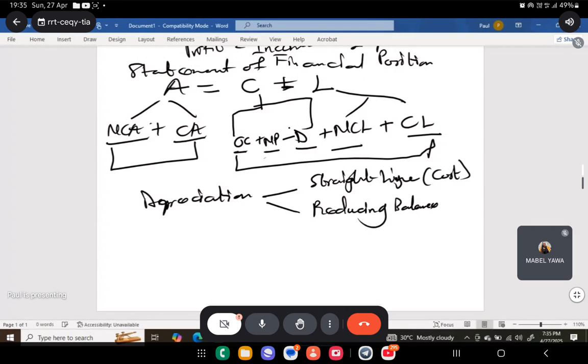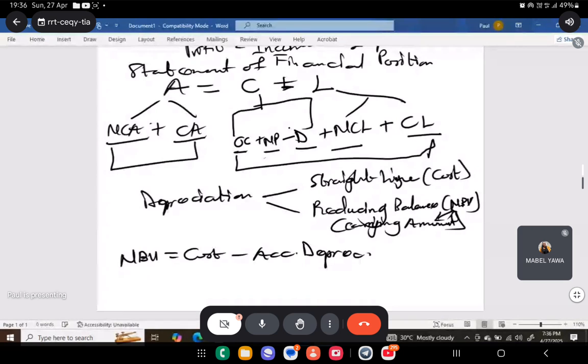If they say it should be calculated on the net book value, they mean reducing balance. Another name for net book value is carrying amount. This is how we get the net book value: it is equal to your cost minus your accumulated depreciation.